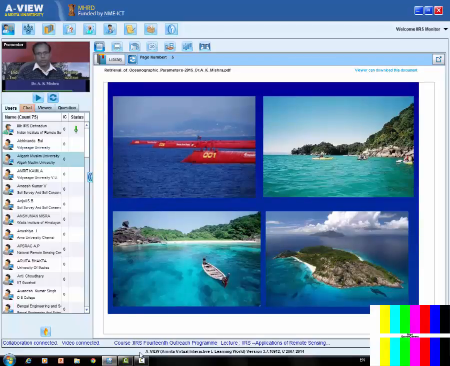And this is a picture which you are seeing here. There is blue water, and this is the green water. And this is the clear water where bottom marks are visible, and here also water.